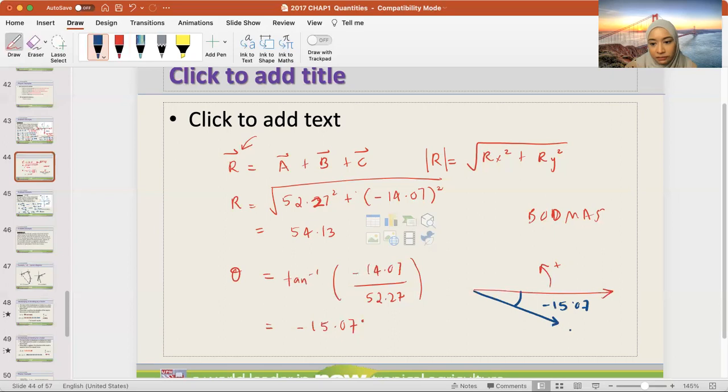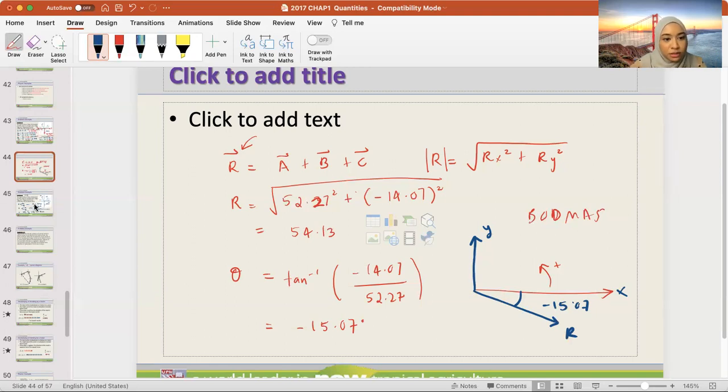And your resultant vector is somewhere here. This is x, this is your y-axis. So your resultant vector is going below the x-axis. This is why you get a negative 15.07. Okay, thank you, Hazira. Let's see if Hazira, Aizat, Haris, and everyone else is correct.